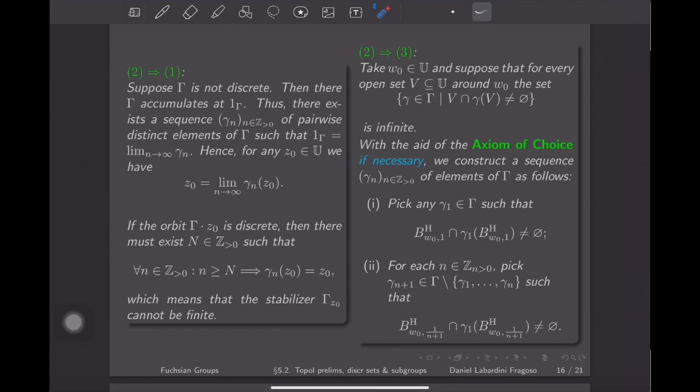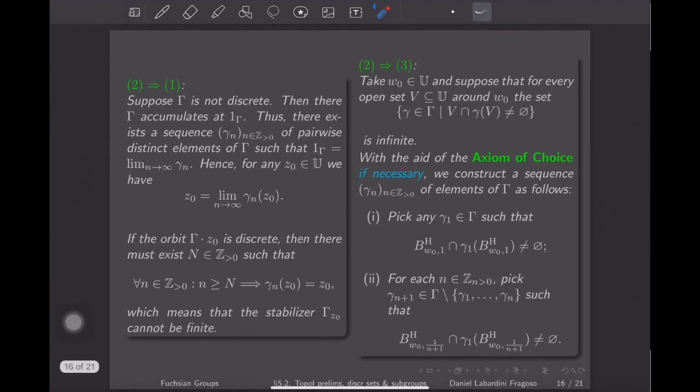Okay, and what I'm going to do is construct a sequence. I'm going to come back to the use of the axiom of choice a bit later. But the point is that I'm going to use that this holds for every open set, to then consider the case of all open disks of radius 1 over n around W naught, to produce a certain sequence.